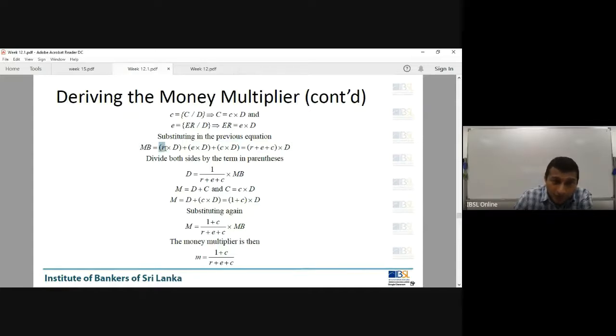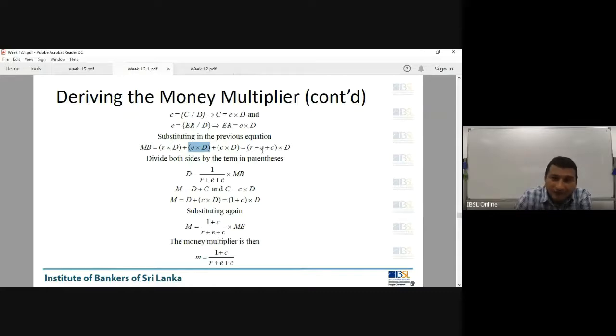And you already know required reserve is nothing but required reserve ratio times deposits, and excess reserves, ER, is nothing but excess reserve ratio times D. So we have now made this equation where one part of each segment represents a variable common to everyone.